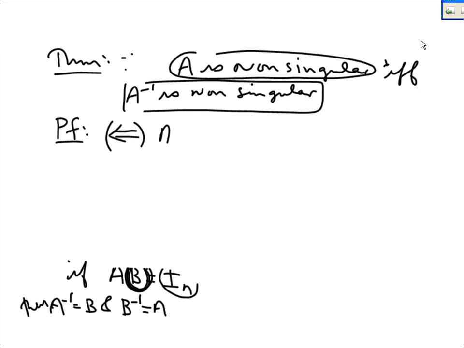We assume that A inverse is non-singular.